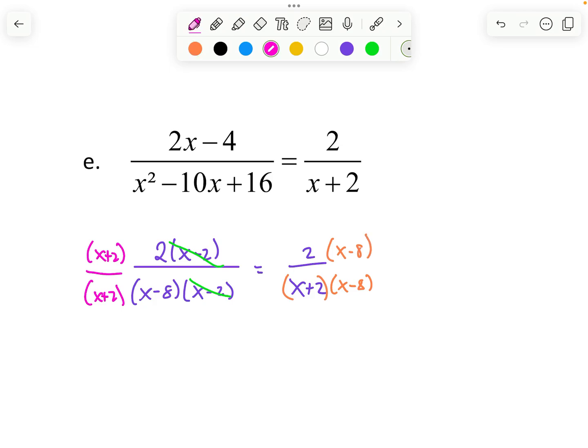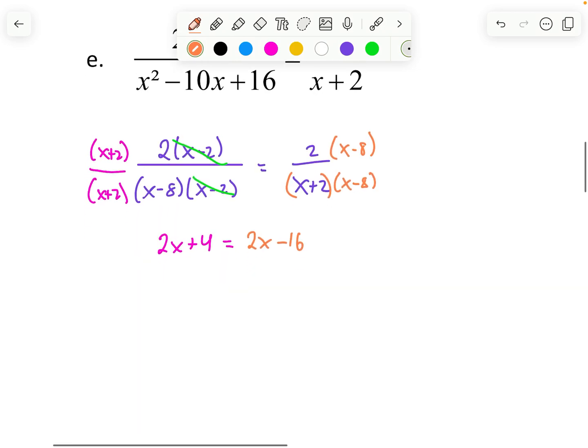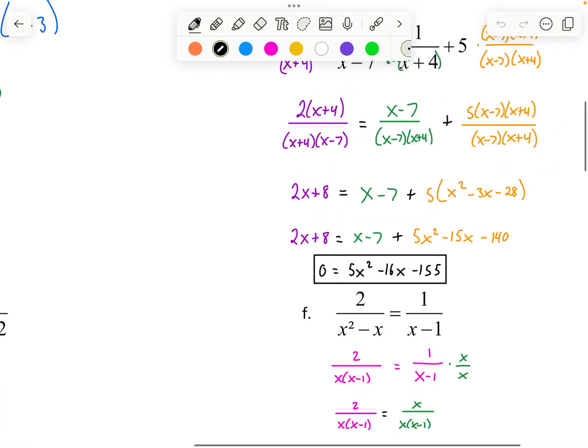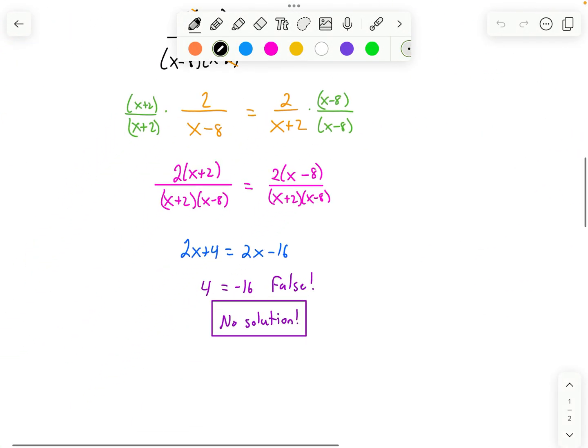And so now on the left side, we have 2x plus 4 equals 2x minus 16. And if you subtract 2x from both sides, you get 4 equals negative 16, which means no solution. Just seeing if that's what I got earlier over here. There it is, same thing.